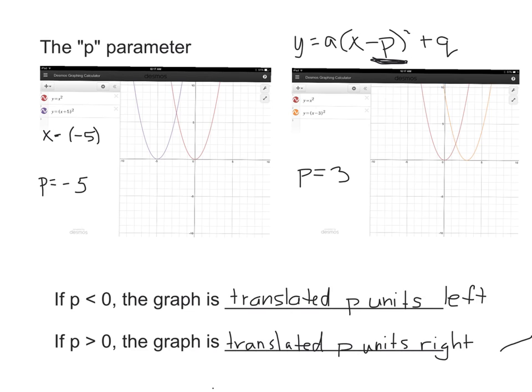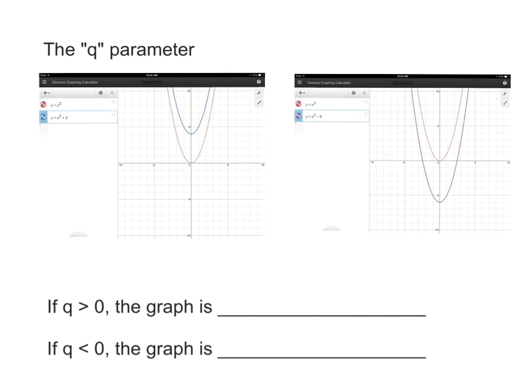So we did a and p, so I guess we just need to look at q. Here we go, the q parameter. So q is that number that's added or subtracted at the end. Remember again, y equals a(x minus p) squared plus q is the equation in vertex form.